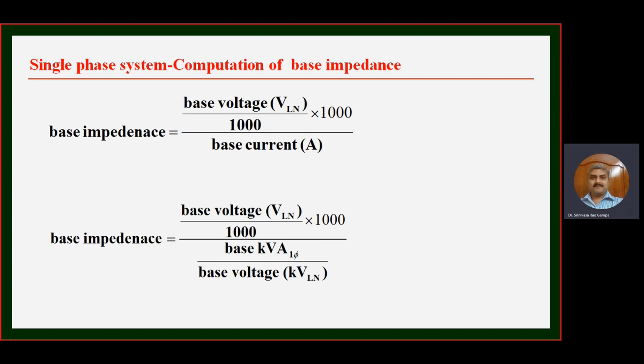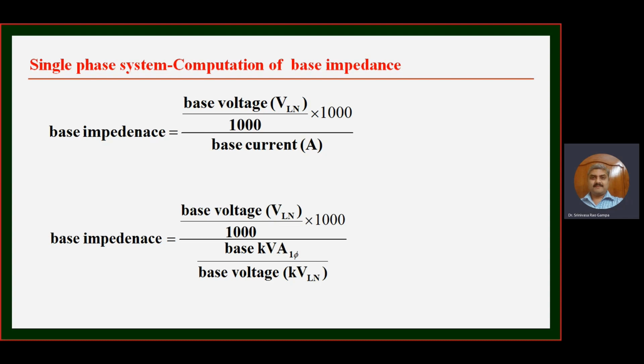The base impedance value can be calculated like this: base voltage V_LN by 1000, into 1000, divided by base current. If you divide the base voltage by 1000, we can express that in terms of kV.